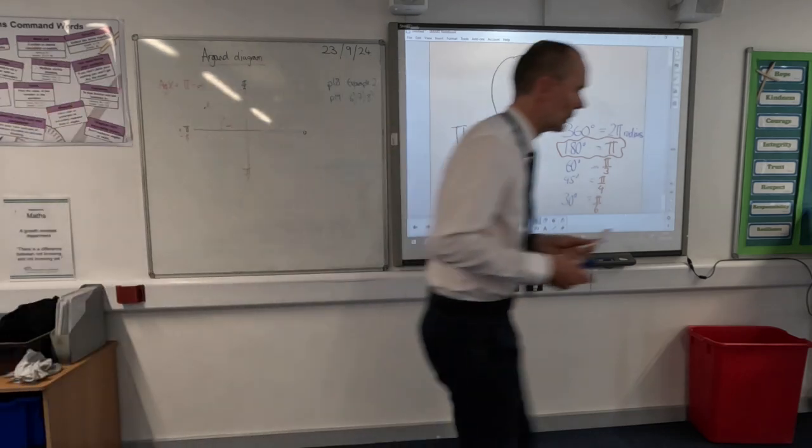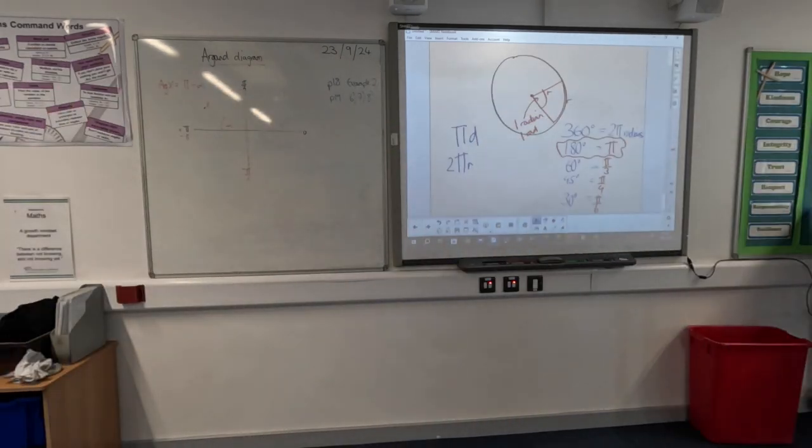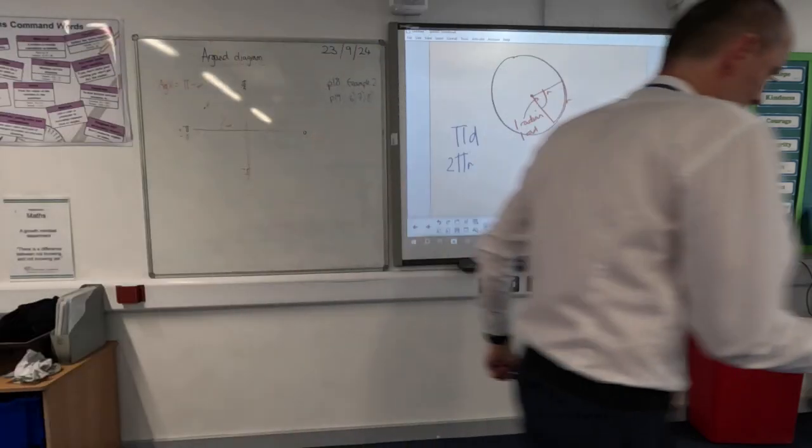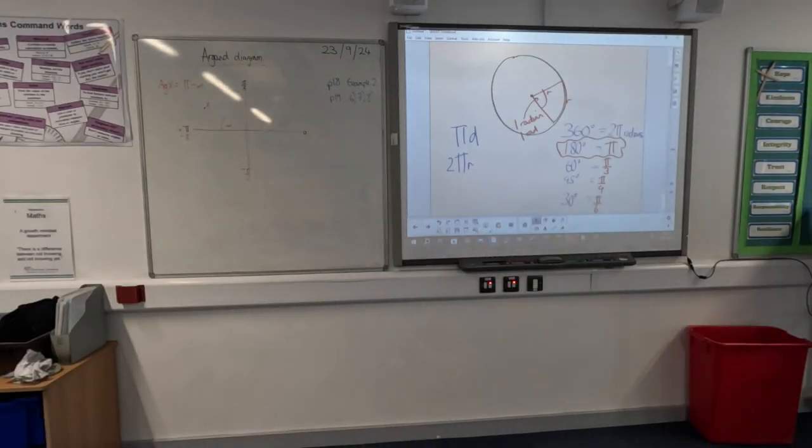Let's just make sure we're okay with getting our calculator into radians. It's a simple switch. Well, I say it's simple. It's nowhere near as simple as it is on the scientific calculator. Shift setup.